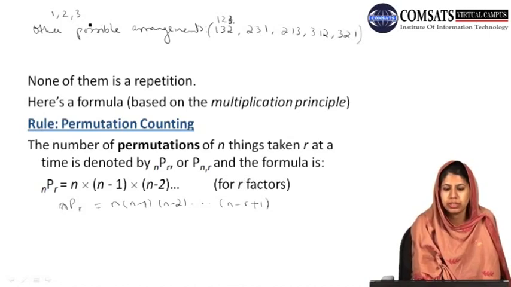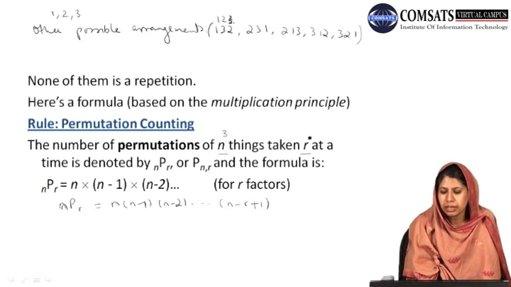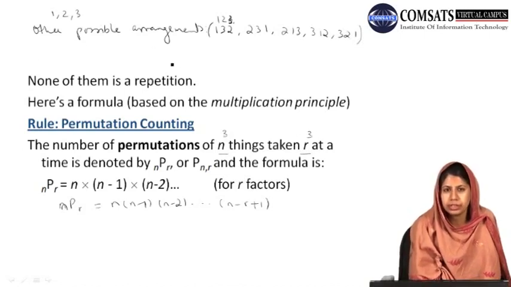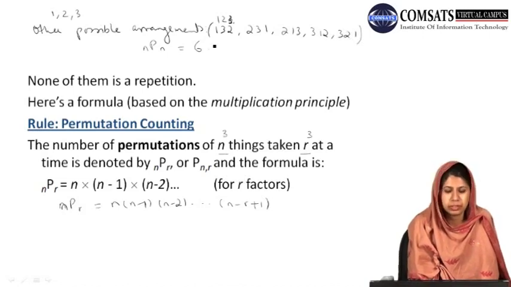That is, in our particular example, we have 6 possible arrangements from our set of 3 elements, that is n is equal to 3, taken r at a time. We are taking all the 3 at the same time, which means that the number of permutations in this case, nPn, is equal to 6. That is the number of possible arrangements.